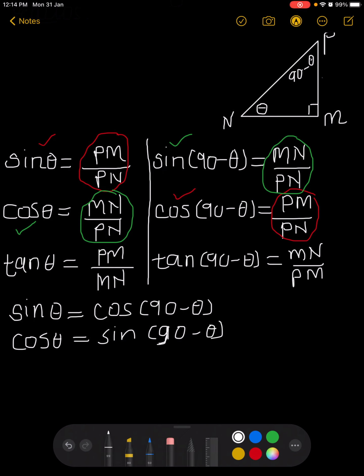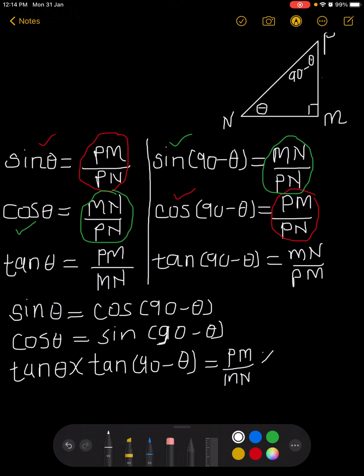Now the third one, tan theta and tan 90 minus theta. They are not the same in their content, but I am going to multiply and check the relation. Tan theta and tan 90 minus theta we are multiplying now. PM upon MN multiplied by MN upon PM. When we multiply these two ratios, what will happen?